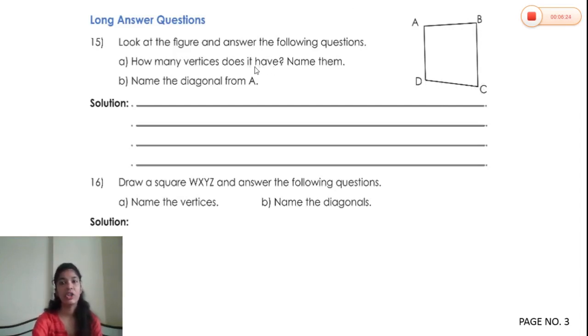See the question properly. In this question 2 things are asked. How many vertices? 4.